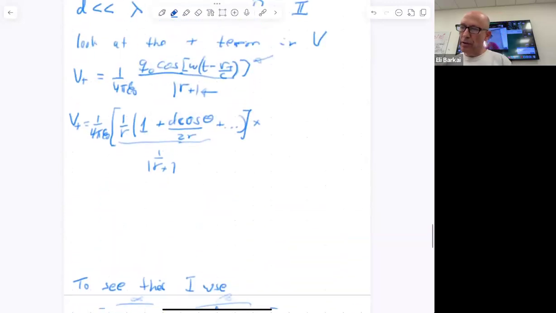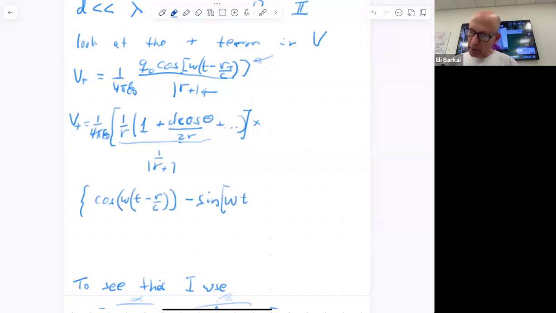So here is just the declaration of the result. I multiply it by cosine omega t minus r over c, minus sine omega t minus r over c, omega d cosine theta over 2c.